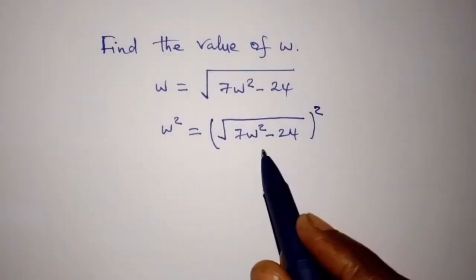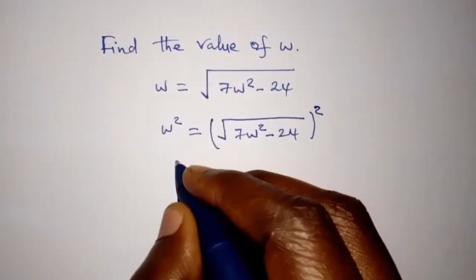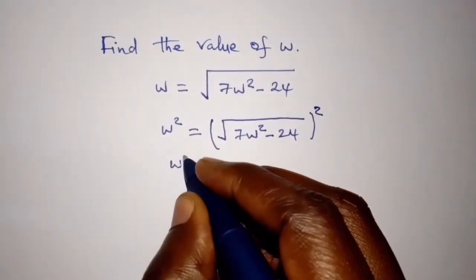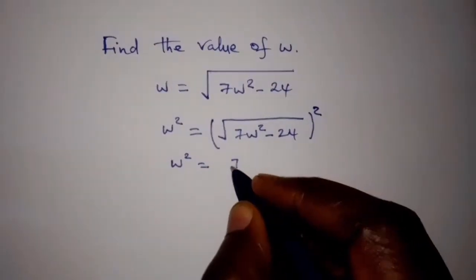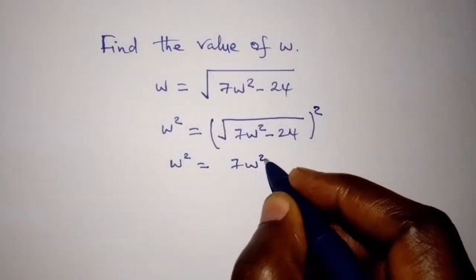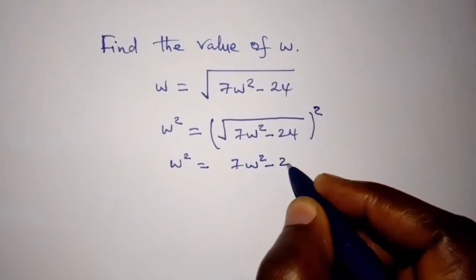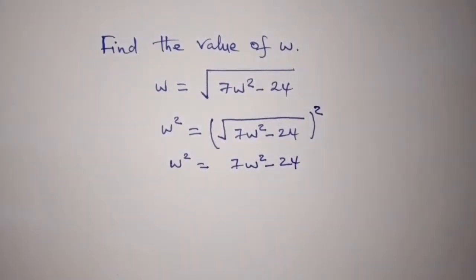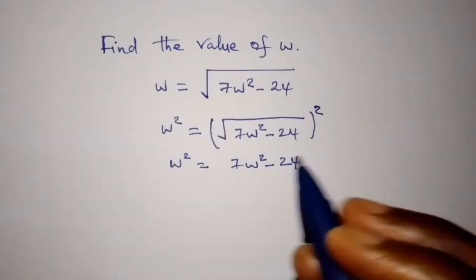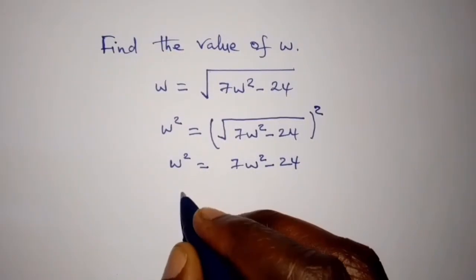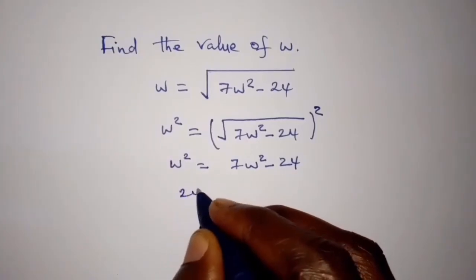Then we can say that W squared is equal to 7W squared minus 24. Now we can bring negative 24 to the other side. It becomes positive 24.